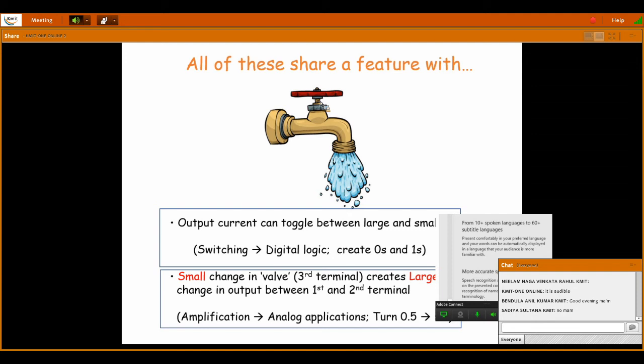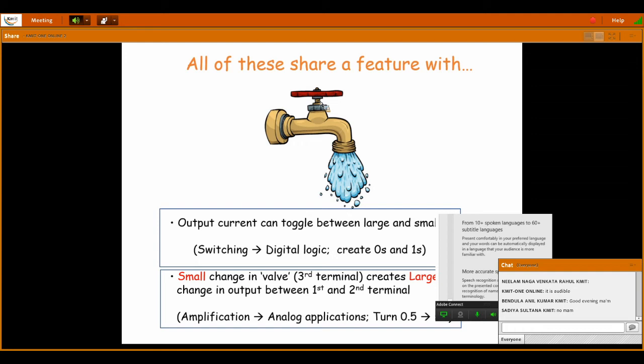Not only for digital applications, we could also use this transistor as an amplifier. In order to have these applications, how it could act like an amplifier, and how it could act like a switch, an on switch or an off switch, that is what we are going to learn today.